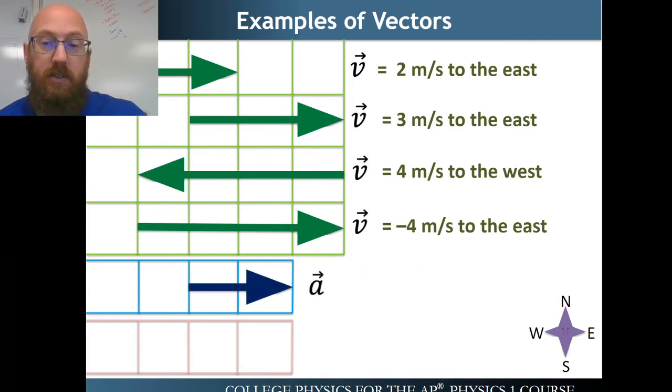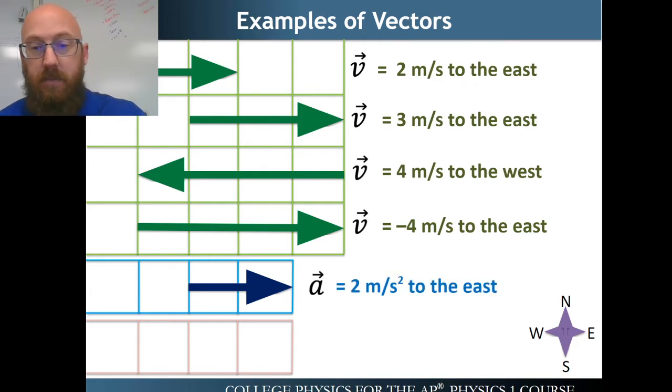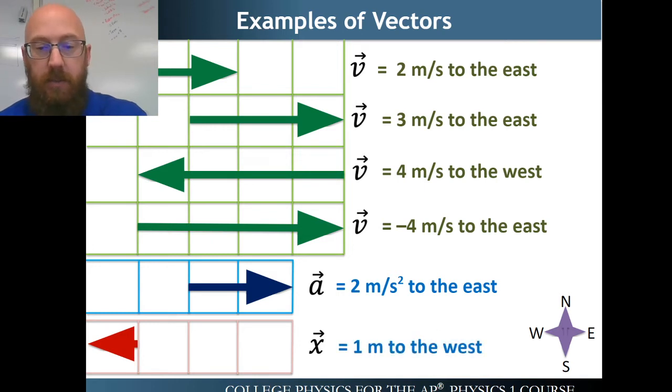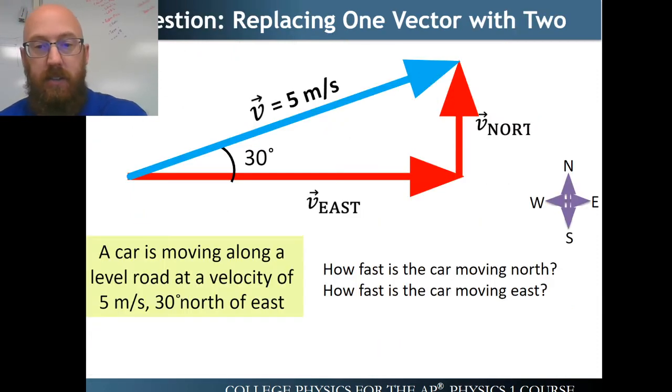In fact, I would argue, depending on the velocity you're showing there, east on that one is not the best. So little x, 1 meter to the west. The idea is your arrow should be indicative of the magnitude and the direction. We'll talk about that.